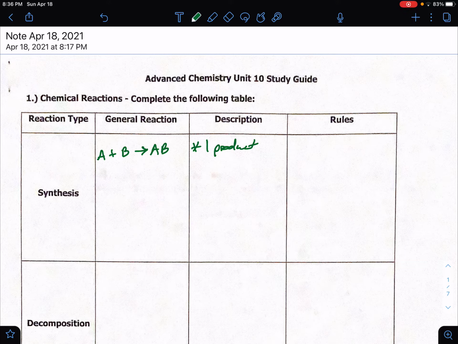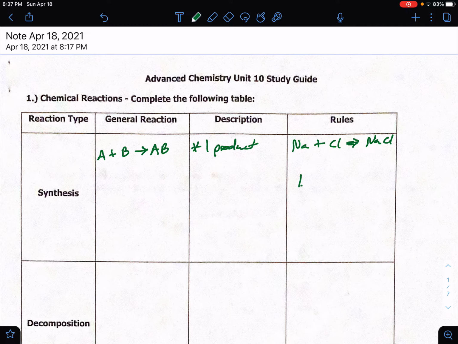Now as far as your rules, if something is binary, like if you were to just take sodium and chlorine, then it would just turn into sodium chloride. Those are pretty easy to see. The other ones you've got to look out for, you can go by the rules based off your chart, but when I do synthesis, I look for 2 things that I can make.